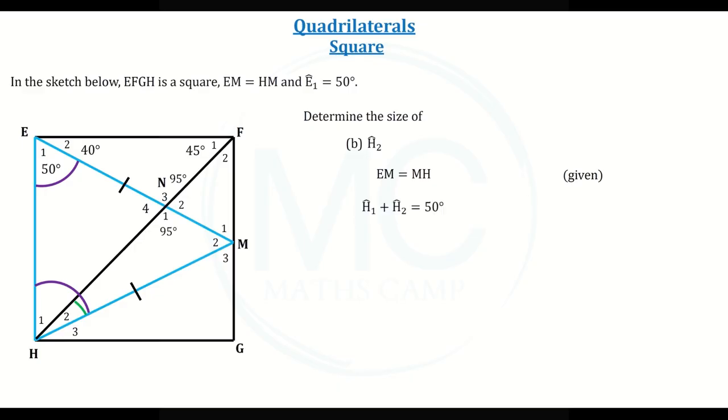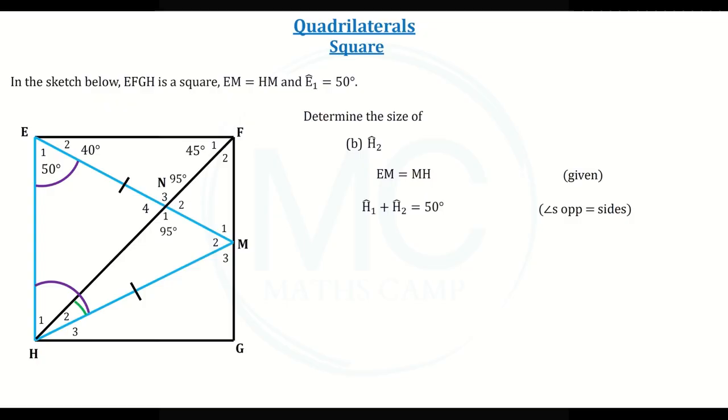And as our reason, we know that this is because these are angles that lie opposite the equal sides of the triangle. Now we have a value of angle H1 and H2, but to find the value of H2 by itself, we need more information. So what else do we know?